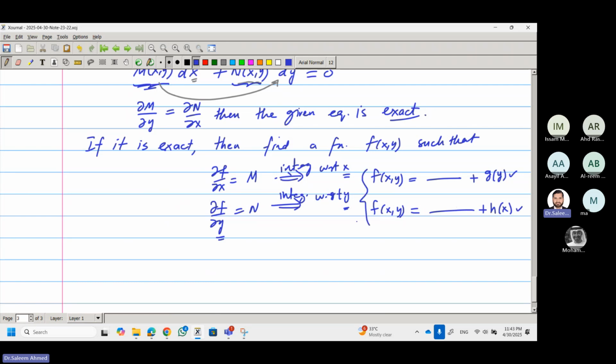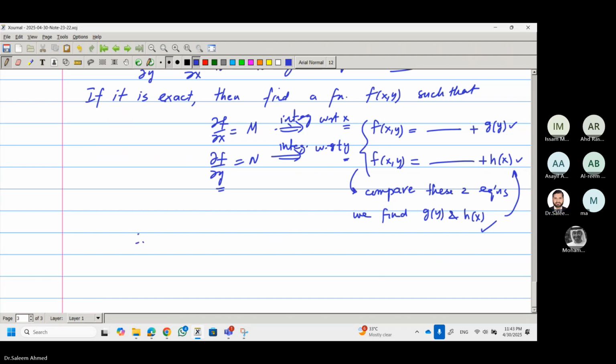Then we compare these two, because it's the same function on the left. By comparing these two equations, we find g(y) and h(x). Once they are found, my f is completed. Therefore, my f(x,y) is completely determined.